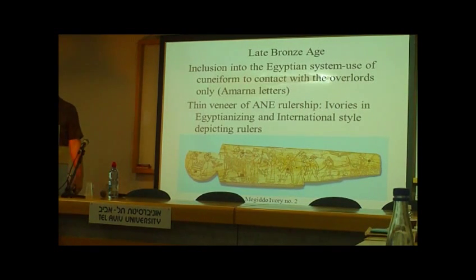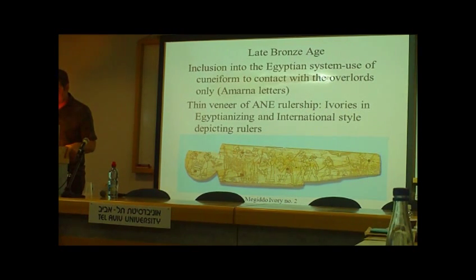The Late Bronze Age also saw the inclusion of the Canaanites into the Egyptian system, and cuneiform was used mainly to contact the Egyptian overlord or to run the business of the Egyptian overlords. For example, the Amarna letters, or the cuneiform text found within the Aphek Egyptian governor's residency.